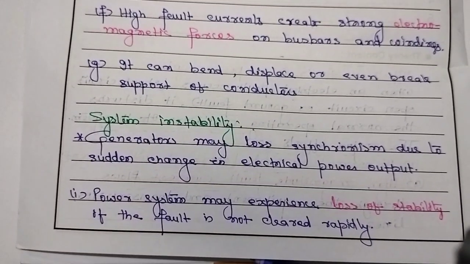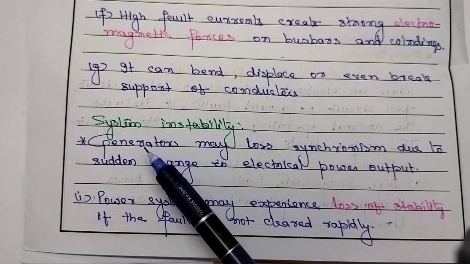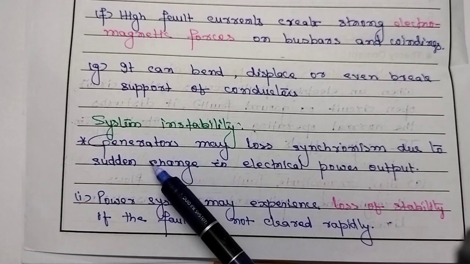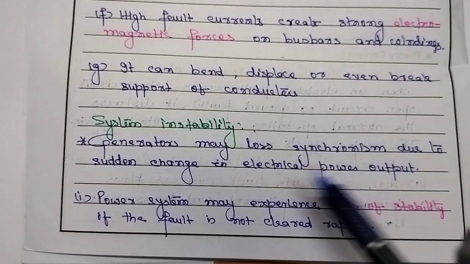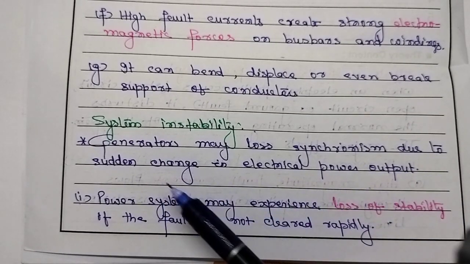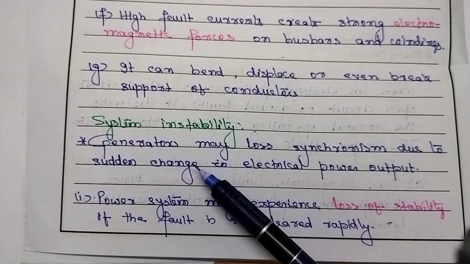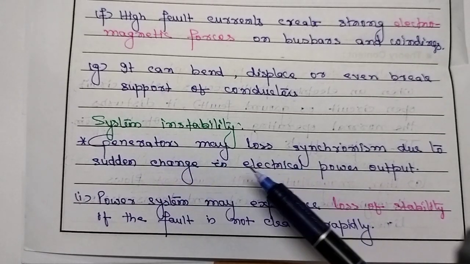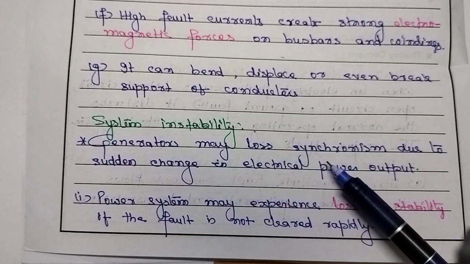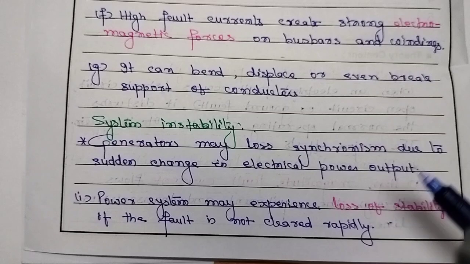The last one we have is system instability. Whenever a fault occurs, the system will get unstable, so generators may lose synchronism due to sudden changes in the electrical power output. When the system gets unstable, the generators may lose synchronization due to sudden changes in the electrical power output.